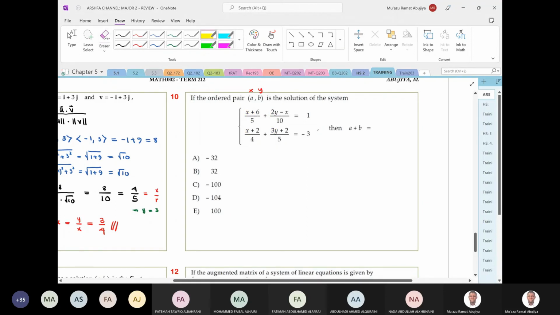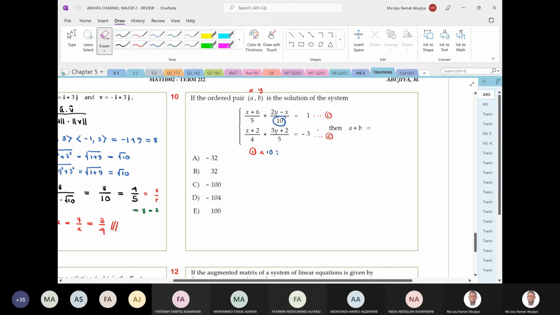We clear the fraction. So here we have equation number 1. And here we have equation number 2. So to clear the fraction, we multiply equation number 1 by the LCD. And what is the LCD for equation number 1? The LCD should be 10, right? I'm looking at the denominator. So the LCD here is 10.